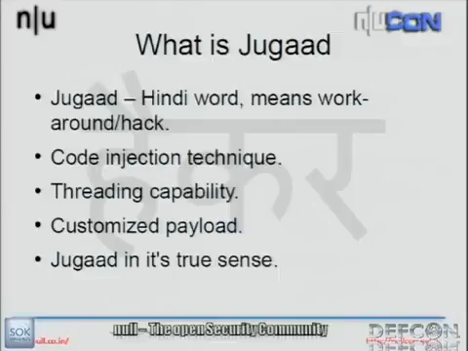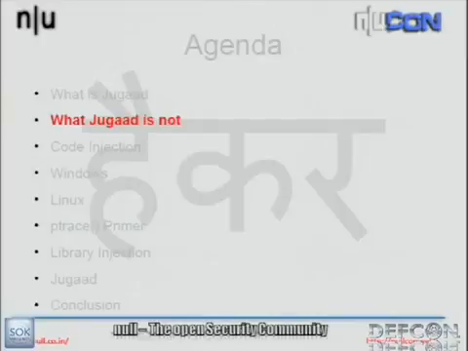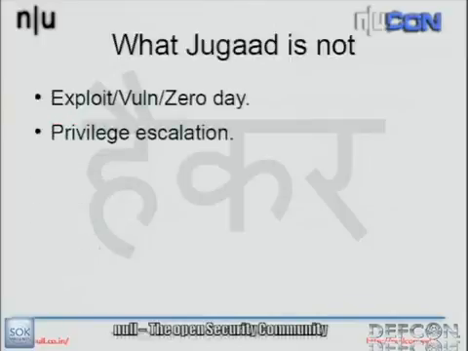I started looking at it from the point of view of Windows malware, where Windows already provides you an API to remotely inject code inside another process, but it's not there in Linux or other Unix platforms. Okay, so what it is not: it's not an exploit. I won't even call it a vulnerability because it is one of the features provided by Unix operating systems.